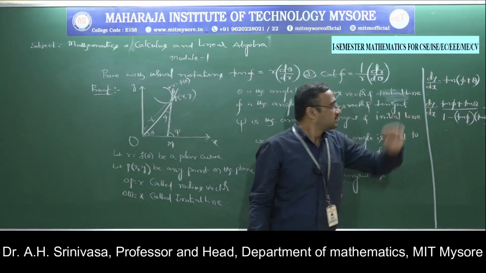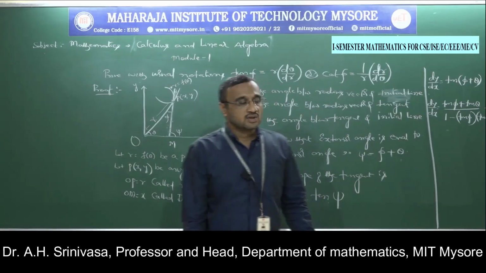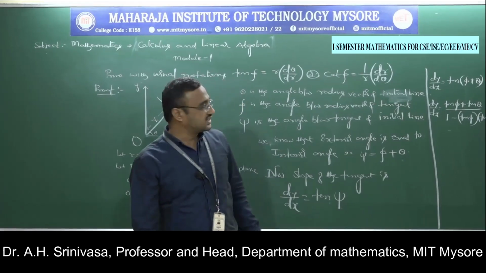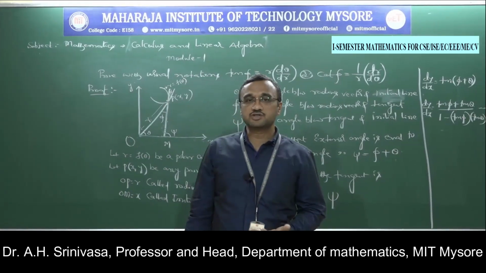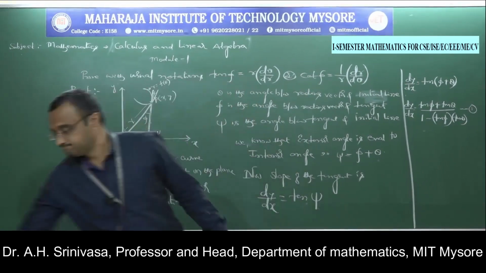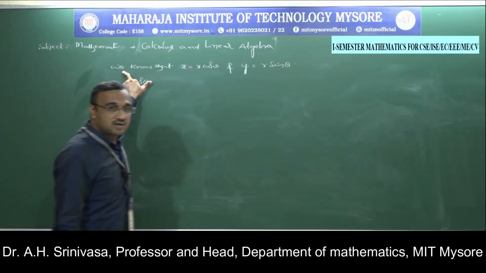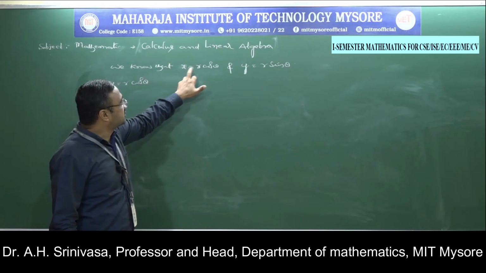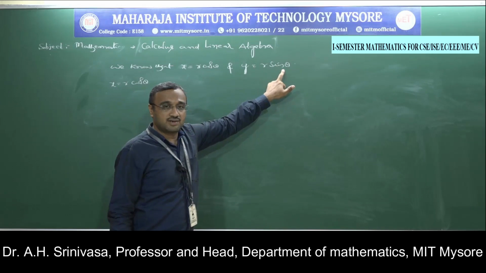Okay. So one stage will be over. Now I am going to find the second stage. That means we are going to convert Cartesian coordinates to polar coordinates. So I am going to convert by taking the substitution x equal to r cos theta and y equal to r sin theta.